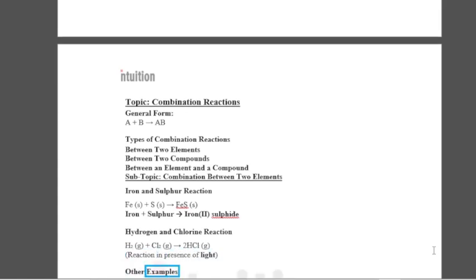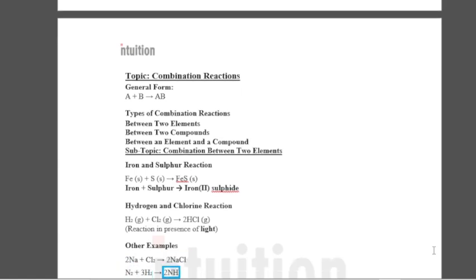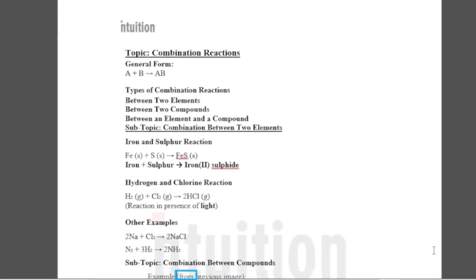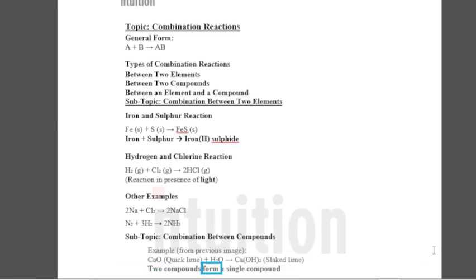Other examples: 2Na plus Cl2 gives 2NaCl, N2 plus 3H2 gives 2NH3. Subtopic: combination between compounds. Example, from the previous image: CaO, quicklime, plus H2O gives Ca(OH)2, slaked lime. Two compounds form a single compound.